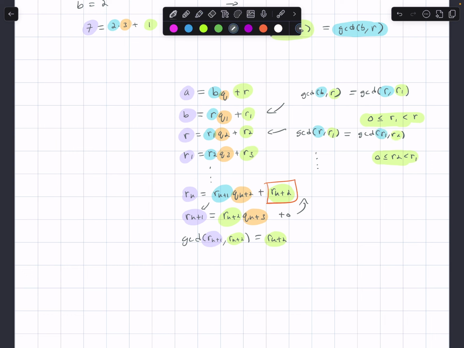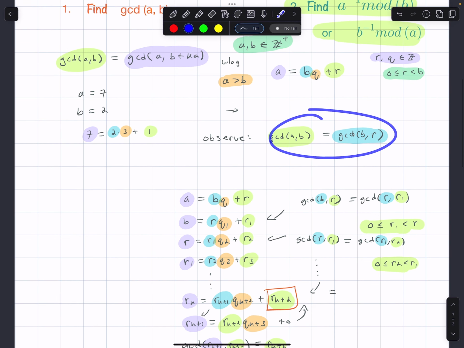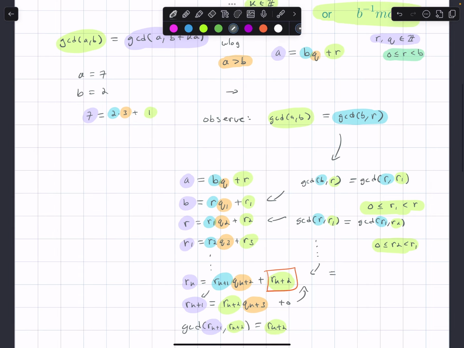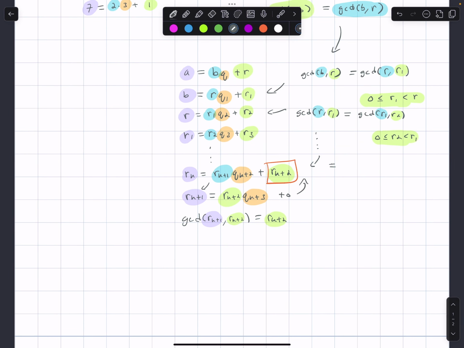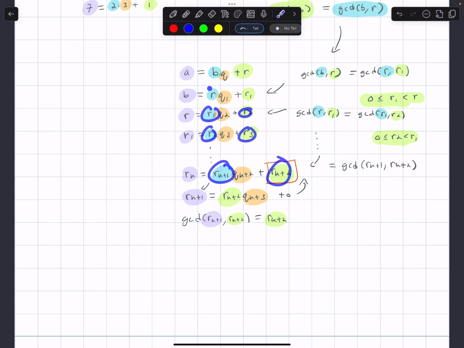And we went all the way down to here, at this stage, we had the GCD of A and B, which we started out looking for, is equal to, and actually that was up here. This all came down from this spot. It all ended up being equal to, at this stage, the GCD of R_{n+1} and R_{n+2}. And we just figured out, because that's this one and that one, right? It's always the GCD of these two in the expression.